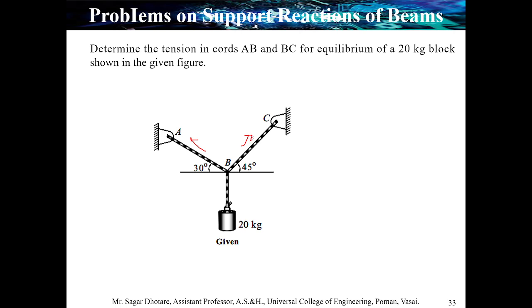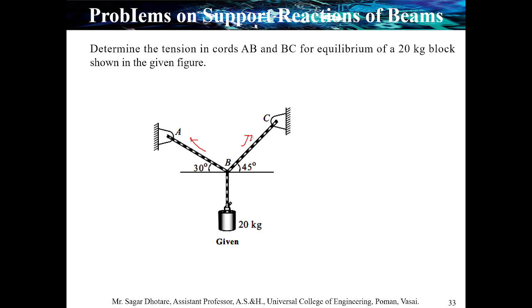So more or less there are three forces concentrated at point B. It means that if we have three forces which are coplanar and concurrent, in this case we can go for Lami's theorem.